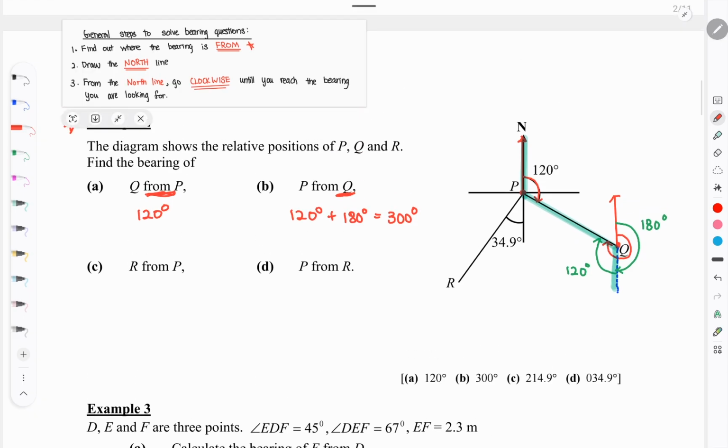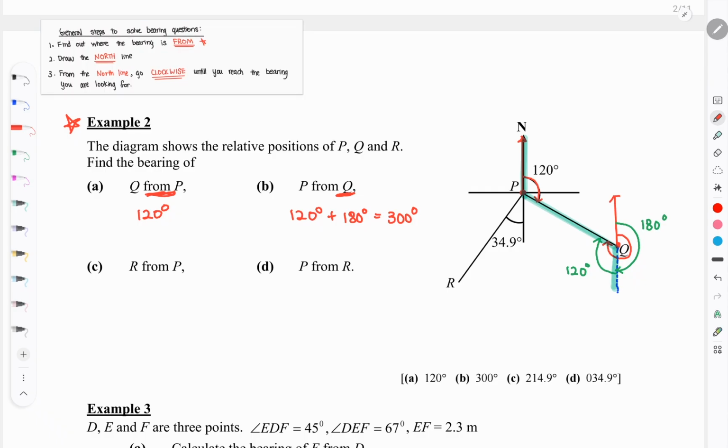Okay, so moving on, part C. I want to find the bearing of R from P. Okay, same thing from P. I already have my north line. I will use blue color so I don't confuse with the A and B. Okay, from my north line, I will draw one circle all the way until I reach R. Okay, do you see that I can split it into two parts?